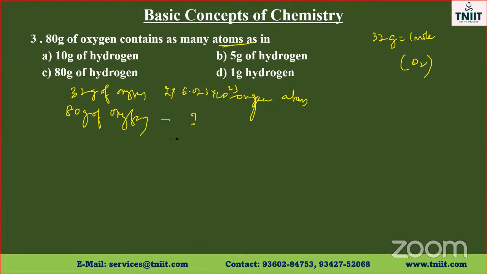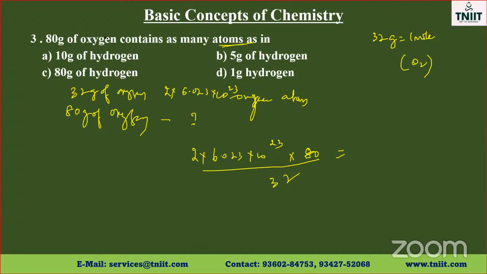For 80 grams, how much? 2 into 6.023 into 10 power 23 into 80 divided by 32. That's enough. Or else, how many atoms? All right, we'll go directly like this. 80 grams of oxygen contains as many atoms as in. So what we will do is calculate the number of moles.